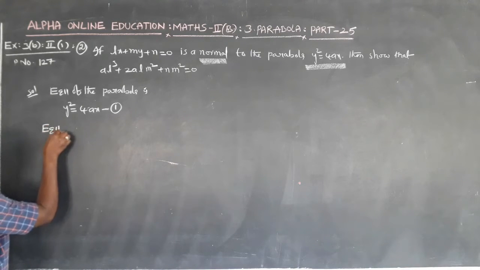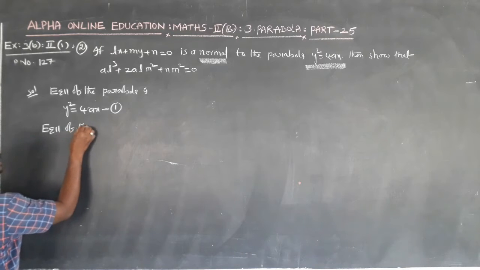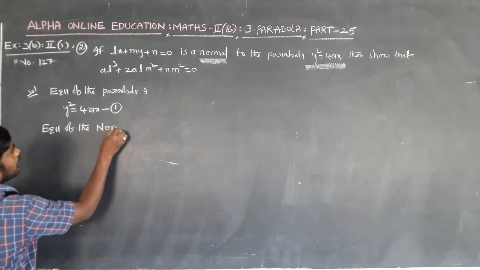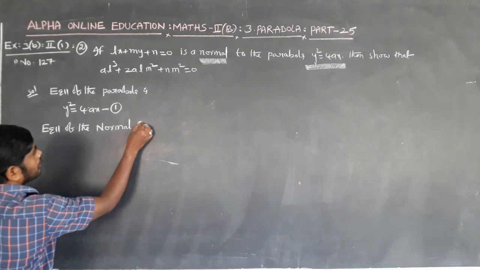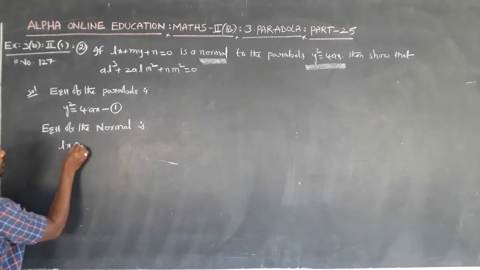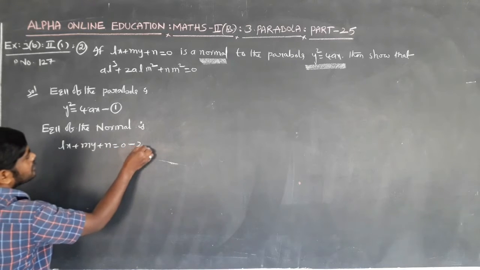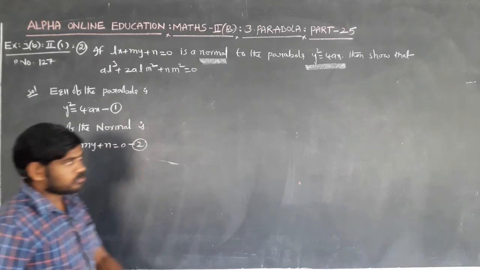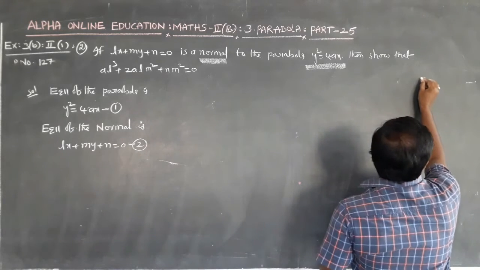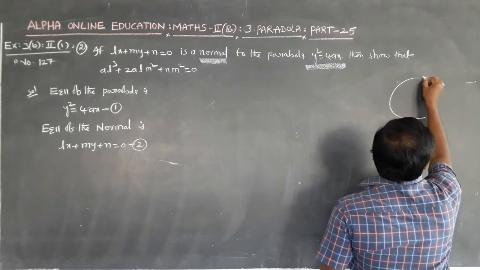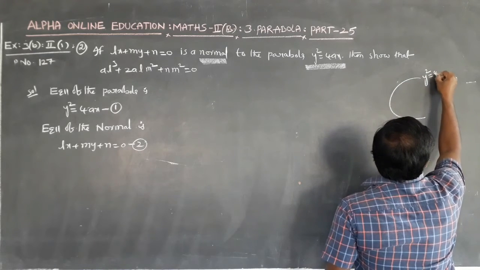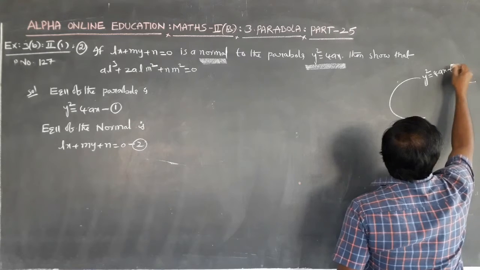So the equation of the normal is lx + my + n = 0.